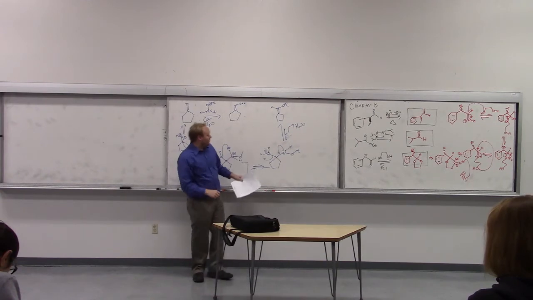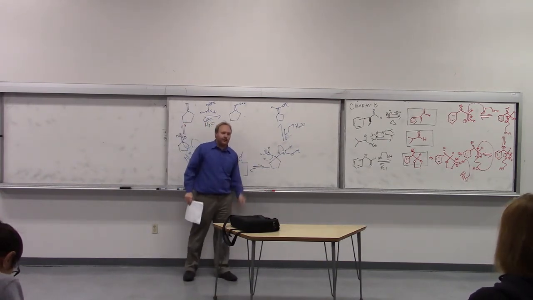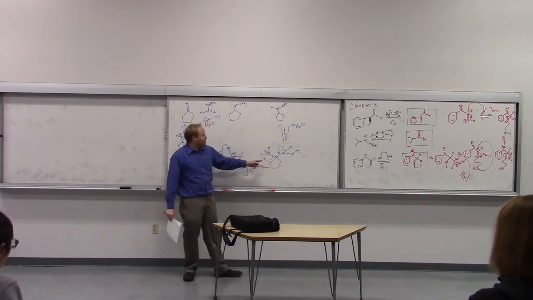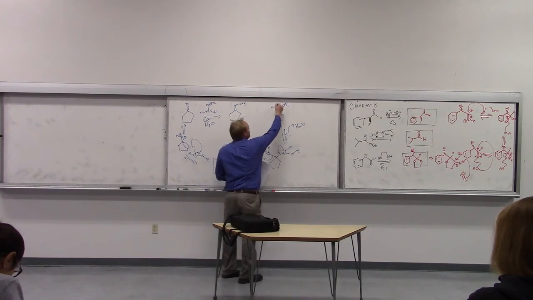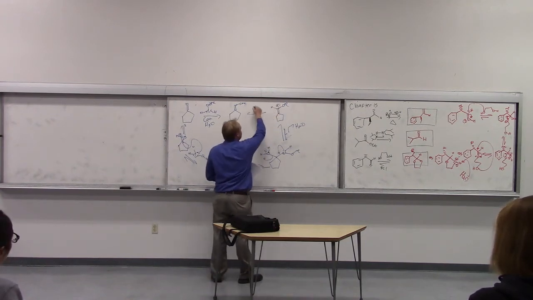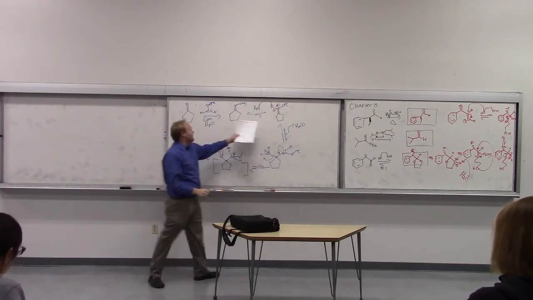All right, and so whereas this equilibrium is lousy, it gives us a very reactive intermediate that can quickly kick off to give us a more stable product, which then can deprotonate the aminium to give us the amine.